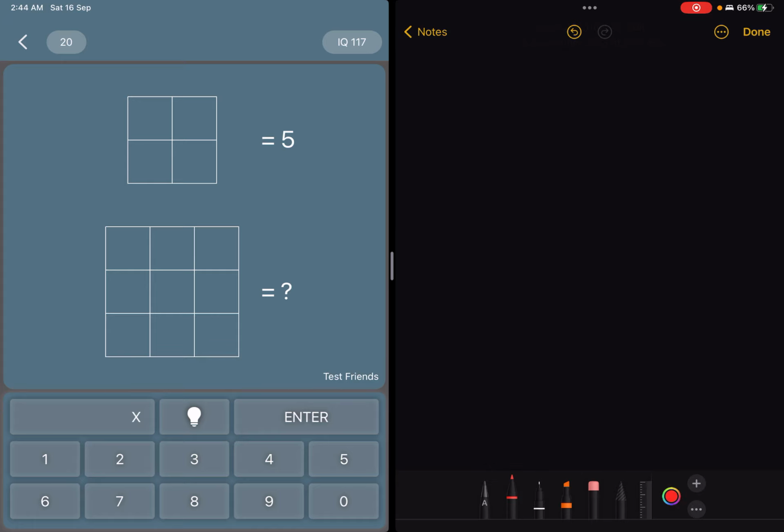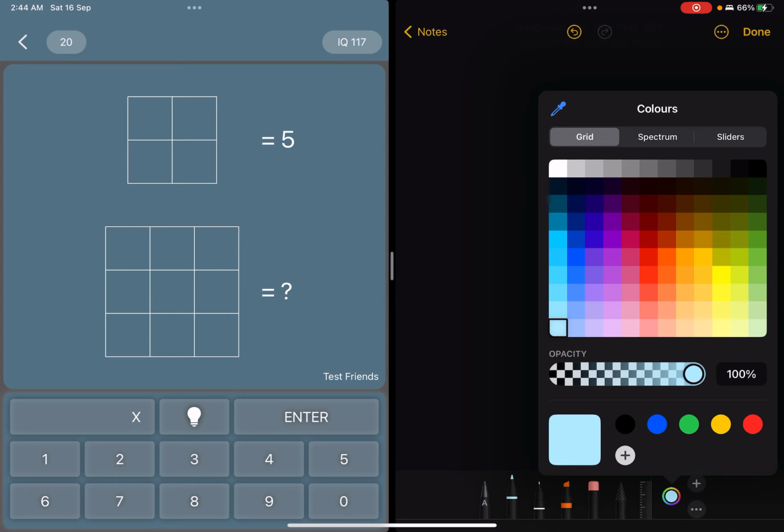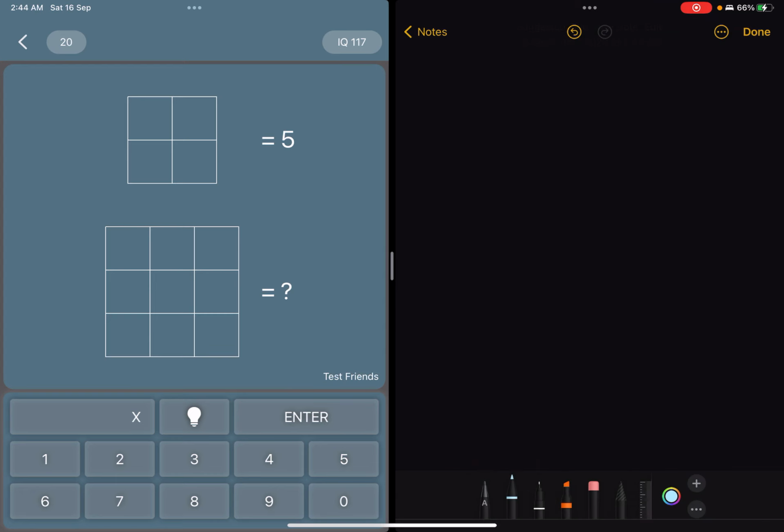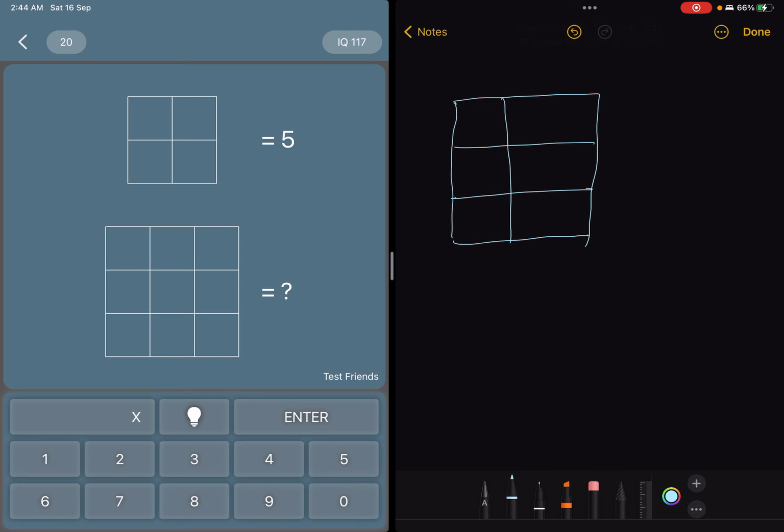So in 3 by 3, let's draw it. The number of sides that we have here is 1 2 3, 1 2 3, right? So here n, the number of sides, is 3. We have to sum the squares of all the numbers up to 3, which is 1 square plus 2 square plus 3 square.